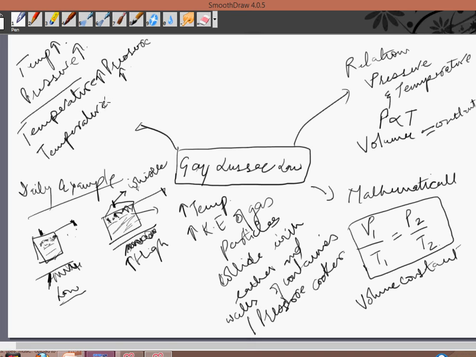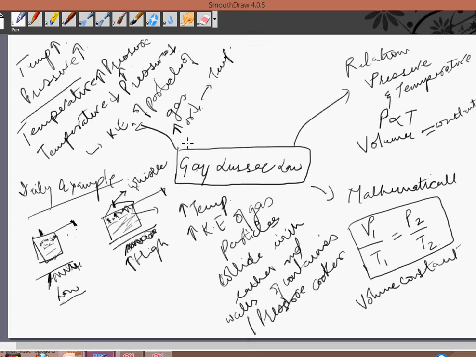Vice versa, when the temperature decreases, pressure decreases, as the average kinetic energy of the particles of the gas increases or decreases according to the temperature, keeping volume constant. Now, I hope you have understood the proper theory of this gas law.